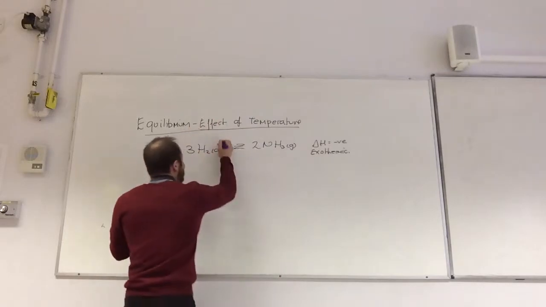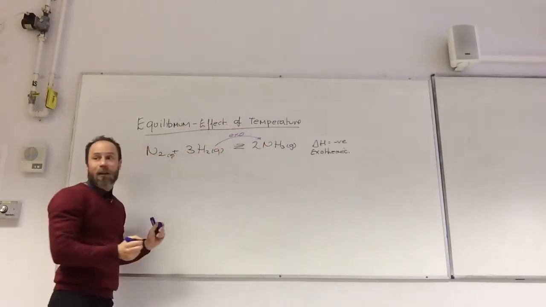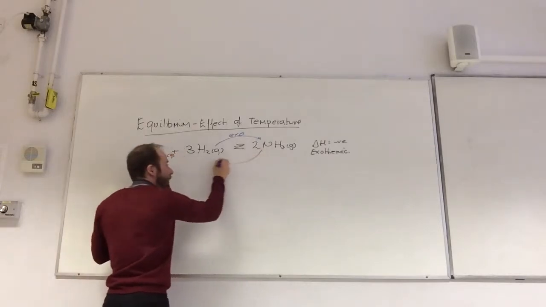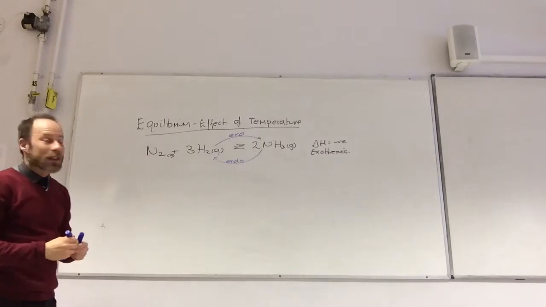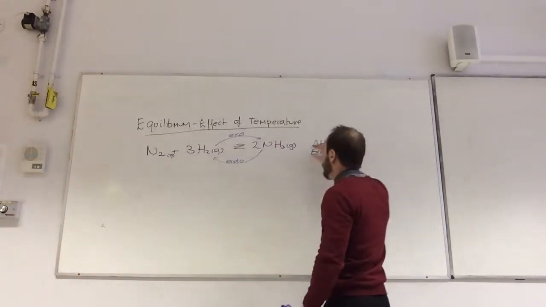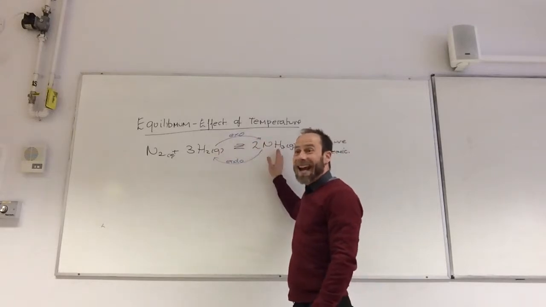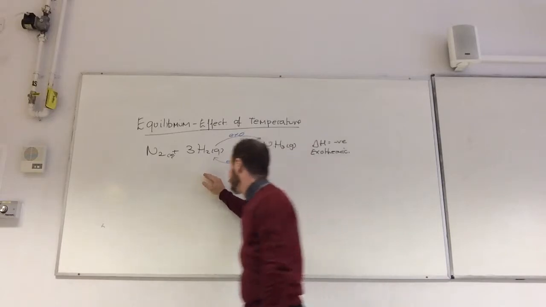So that means that this direction is exothermic, which means that the opposite direction is endothermic. The way delta H is shown, it tells you for the forward reaction, that's exothermic, which means the reverse must be endothermic.